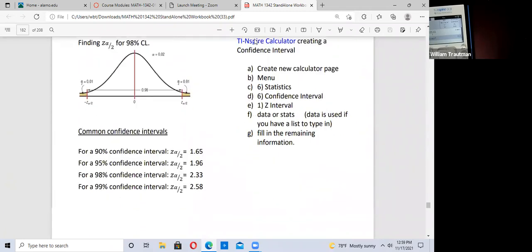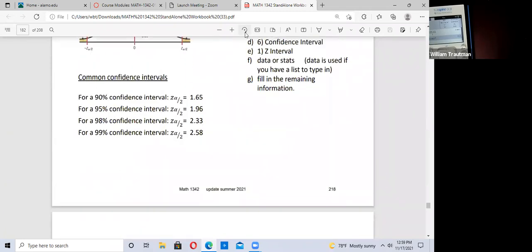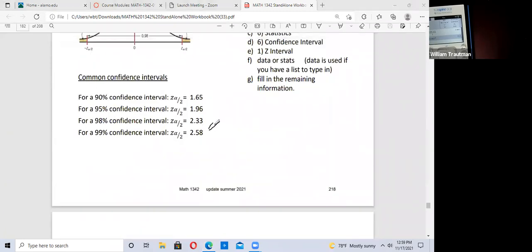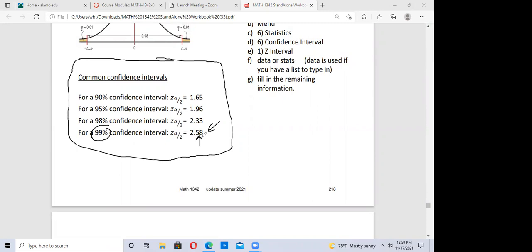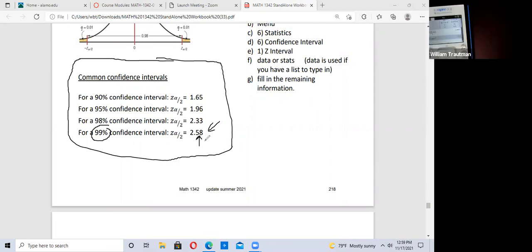Right here. See, these are the common confidence intervals. And we had a 99% confidence interval. So we use a Z alpha over 2 of 2.58 on page 218 of the workbook. Thank you. So once again, those are the most common ones, and that's why they leave them there, and you can use those to do that.